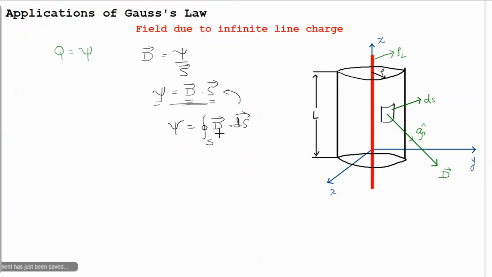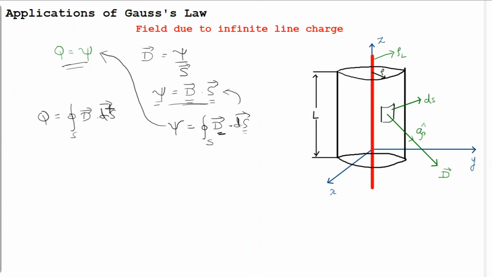This is because these values are unknown to me. And as per Gauss's law, over the closed surface, psi is the same as Q. So I can write this equation as Q equal to psi equal to the closed surface integral D dot dS. So Q is this, Q is this.